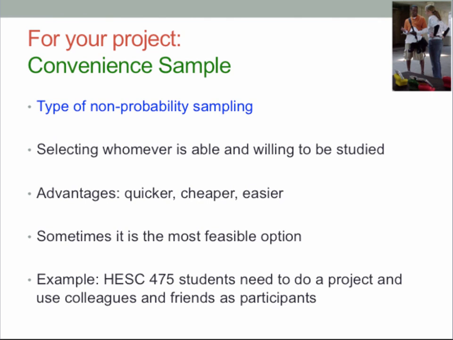You should define who your population of interest is. I am just setting the parameters that your population of interest at a minimum should be college students over the age of 18 years old, right? So you shouldn't be sampling anyone under the age of 18, and you shouldn't be sampling anybody who is not a college student.